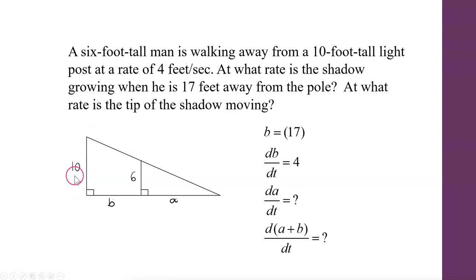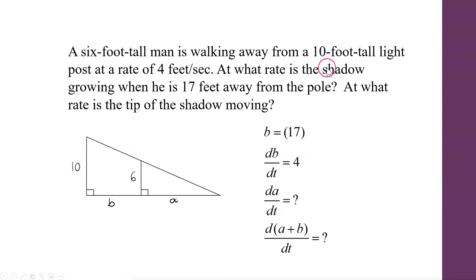The length of the shadow is always 10 feet. The man's height is always 6 feet. But how far away he is from the light post is going to change because he's walking away. And the length of the shadow is going to change because, again, the shadow is going to grow. So I've labeled it. I know B is going to be 17, but notice I put it in parentheses because that length is going to change.